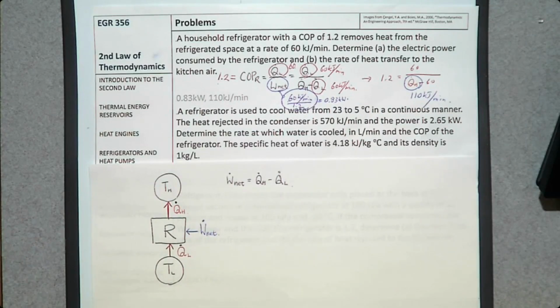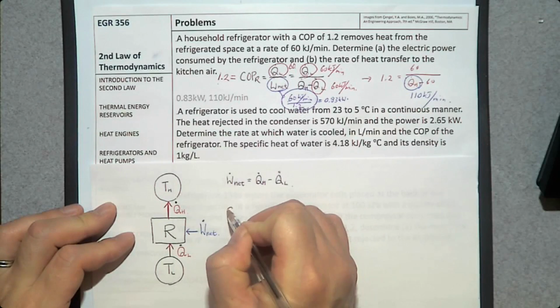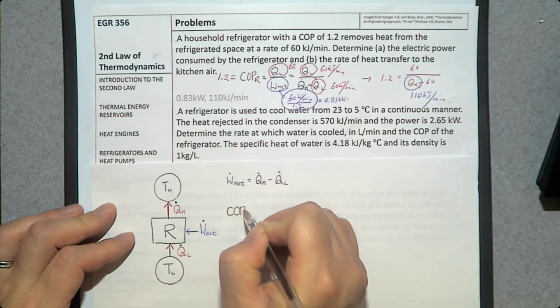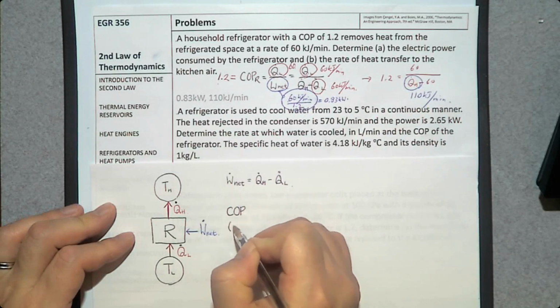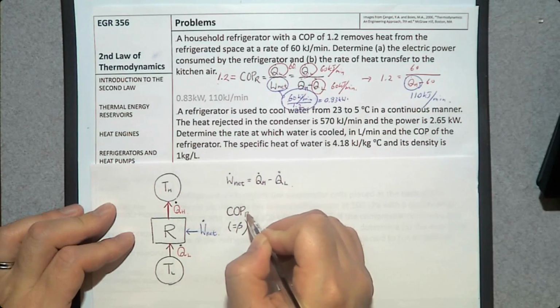And we can evaluate the performance of this refrigerator by using COP, coefficient of performance, or beta of refrigerator.